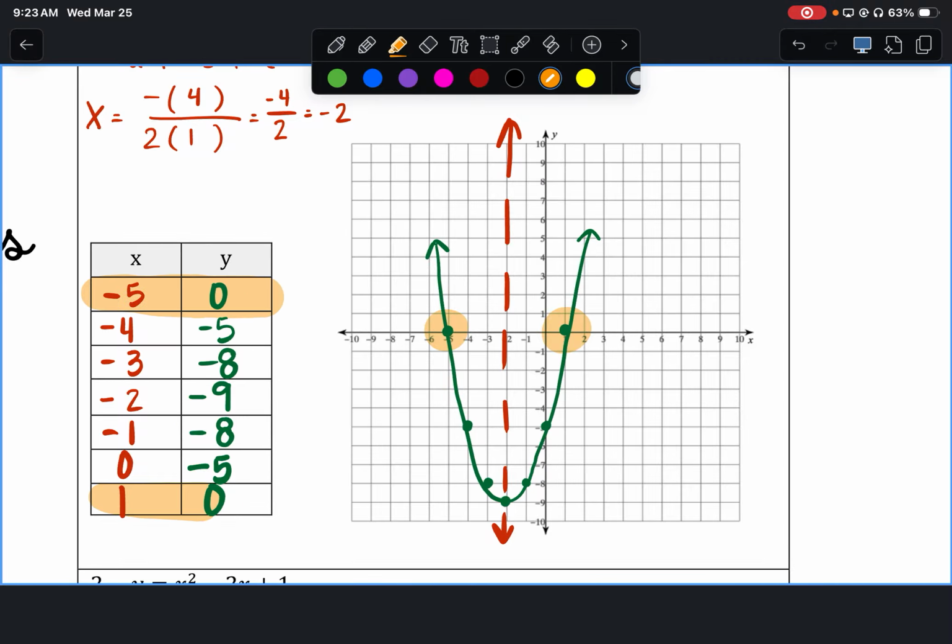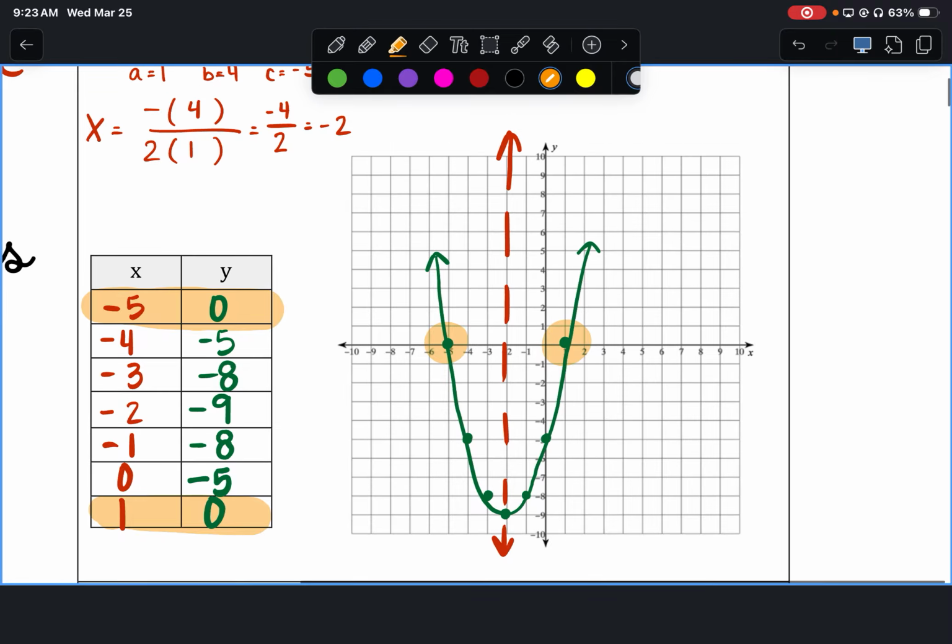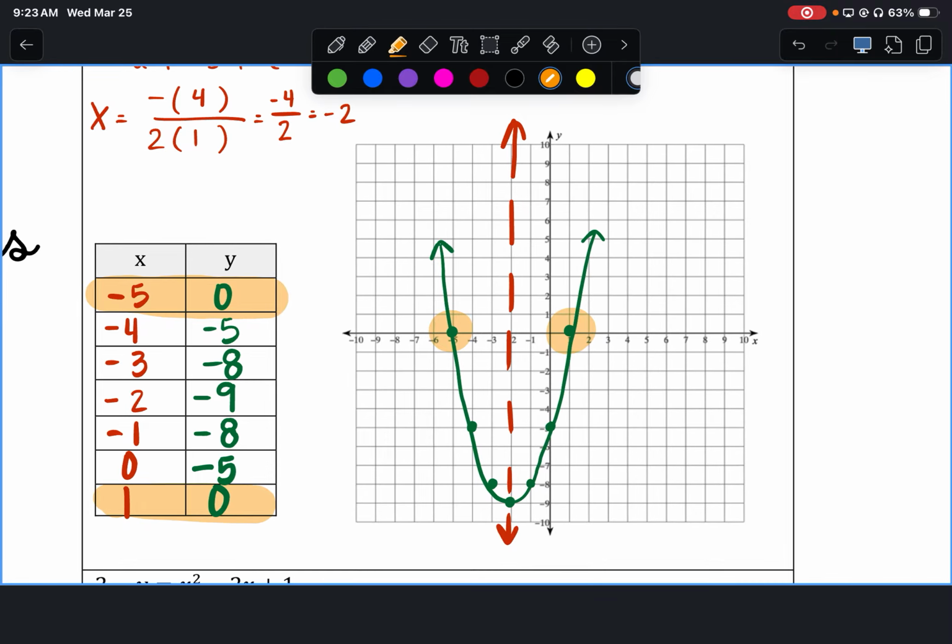For number 3, what is our A term? -1. What is our B term? And our C? -3. So if we set this up, we have x is equal to -b over 2 times a. What do I need to plug into the numerator?